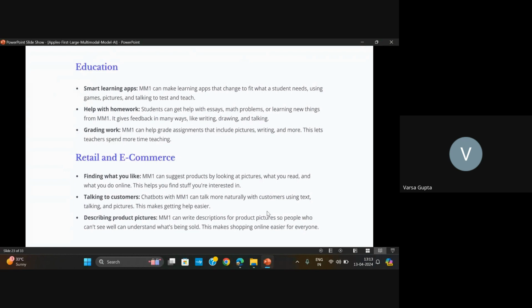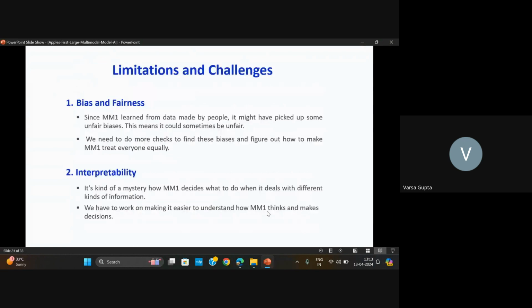So now we see the limitations and challenges of this model. So the first is bias and fairness. We know that since this model is trained using data made by people, it might have some unfair biases. So we need to do more checks to find out these biases and figure out how to make MM1 treat everyone equally.